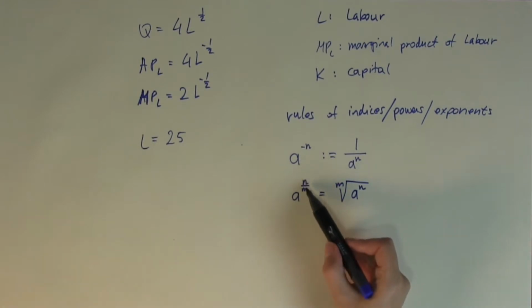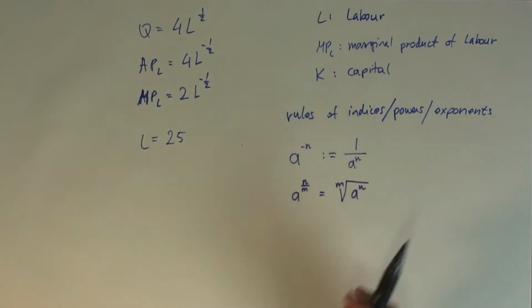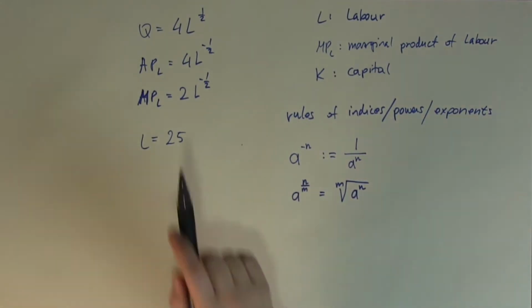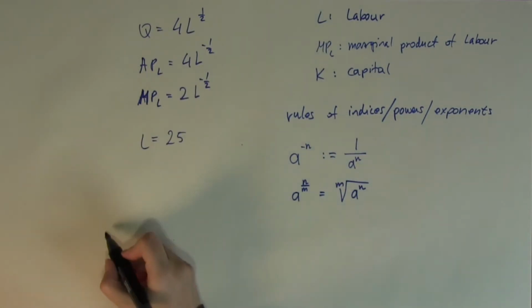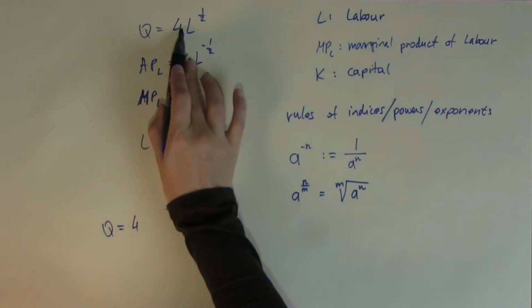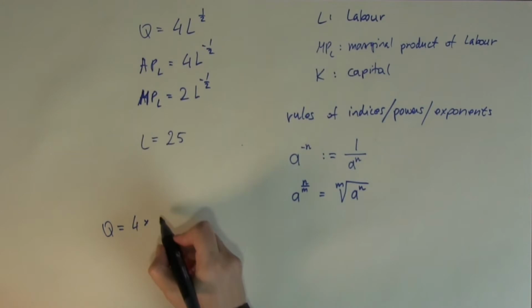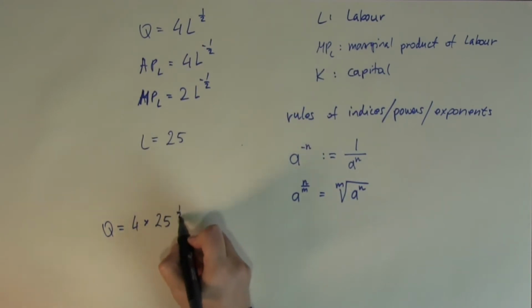So n over m then become mth root of a to the n. So what does that mean for us for this particular case? So if I've got Q equals 4, don't forget, if there is no calculations, I always need the multiplication sign, and L is now 25 to the half.